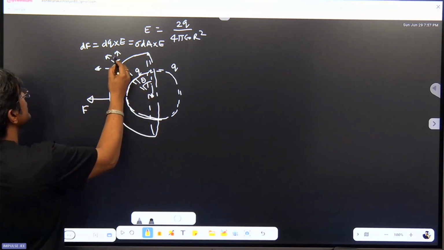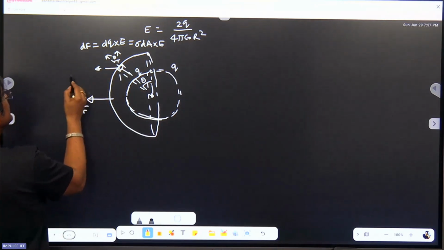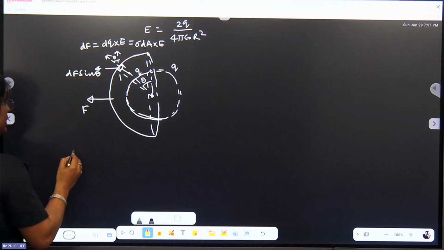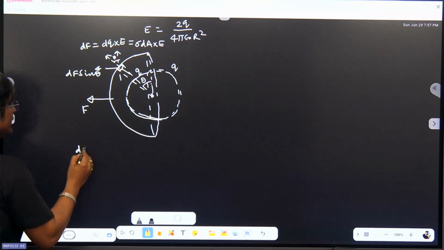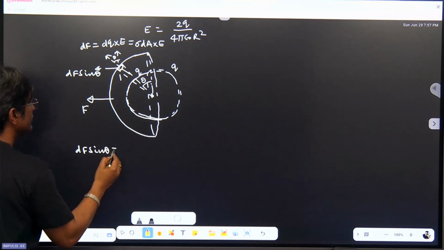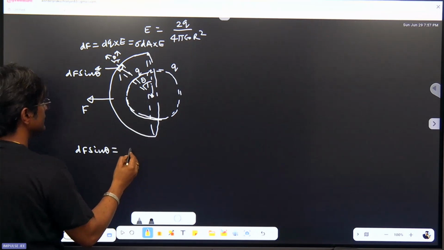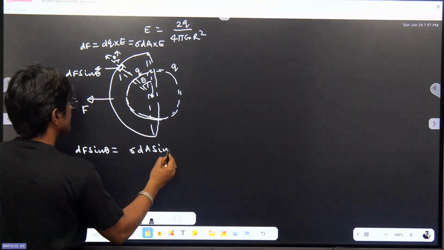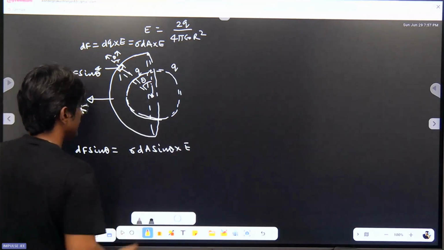So this is dF sine theta, which is sigma dA sine theta times the electric field E.